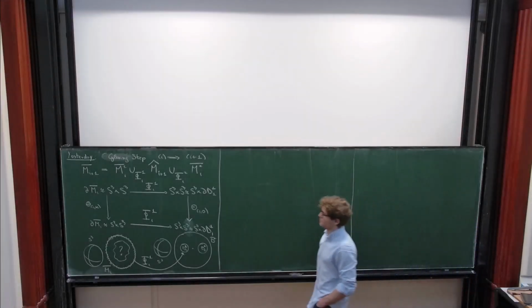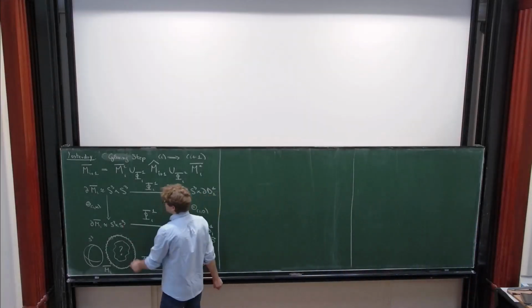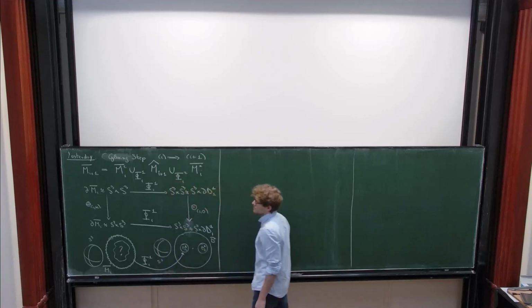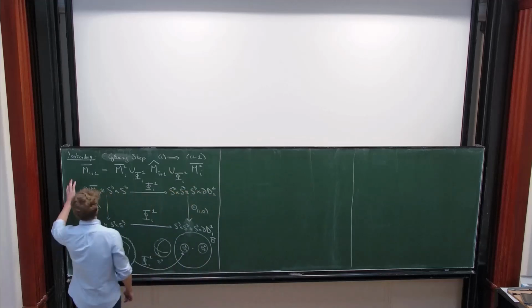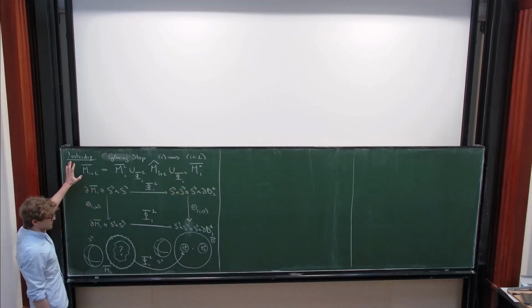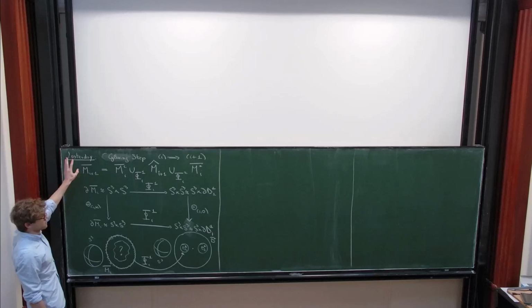Introduction. Good morning, everyone. So let me start with a brief recap of what we finished with yesterday. If you remember, yesterday we were discussing the gluing step of the inductive construction of the universal cover of the counterexample to the Miller conjecture.